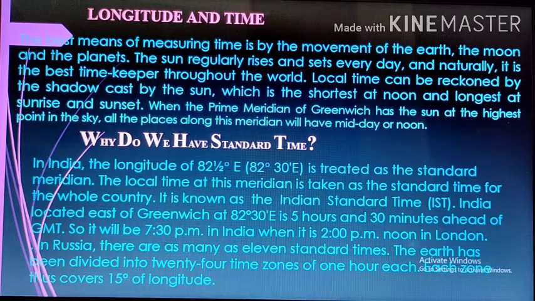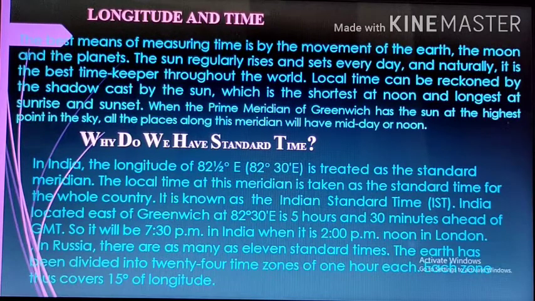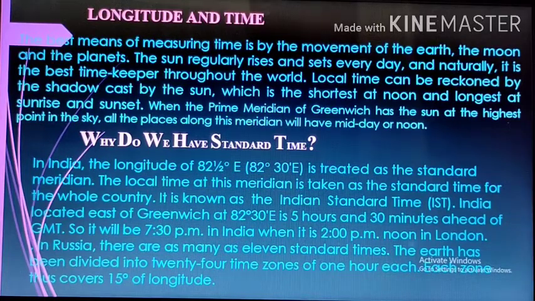At any place, a watch can be adjusted to read 12 o'clock when the sun is at the highest point in the sky, that is, when it is midday. The time shown by such a watch will give the local time for that place. Now, here is why we need a standard time, and that's why we have a standard time meridian.